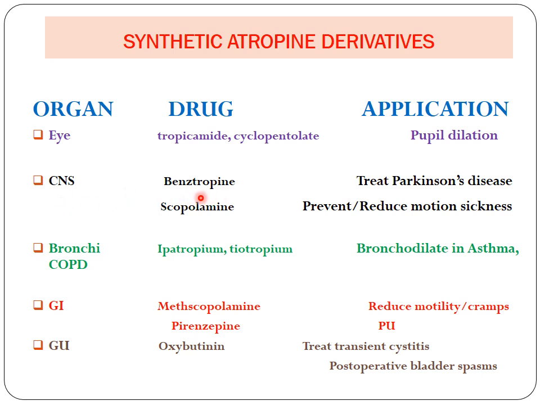In the CNS, for example, benztropine, another atropine derivative, is used to treat Parkinson's disease. What's Parkinson's disease? It is a neurodegenerative disorder that occurs due to degeneration of the dopaminergic neurons. Scopolamine is another anti-muscarinic agent used to prevent motion sickness.